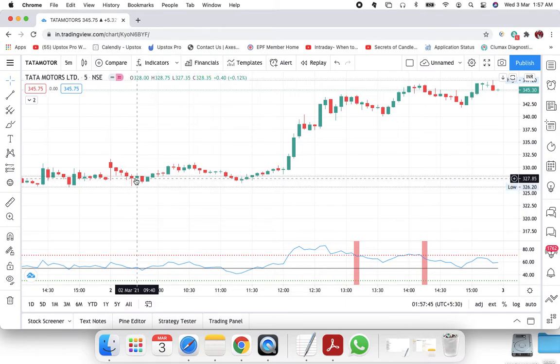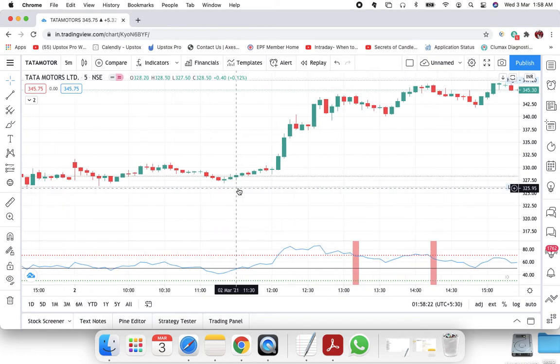Then the very next candle opened at the close of the previous candle, but it closed at the open. So here if you see, the close is not being broken.